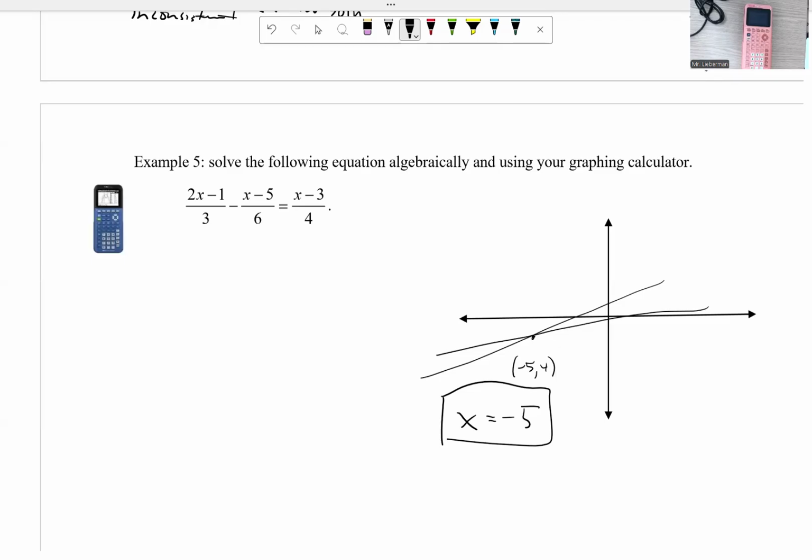You press second, right? And you press trace. And then it brings you to a little... How do we get a graph?